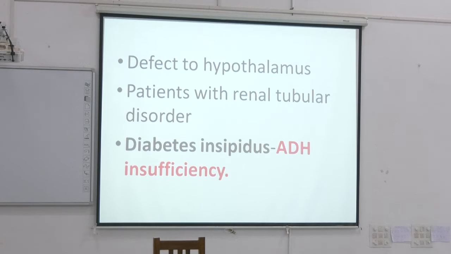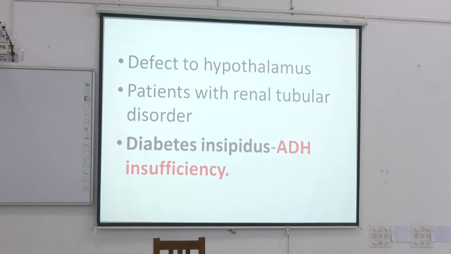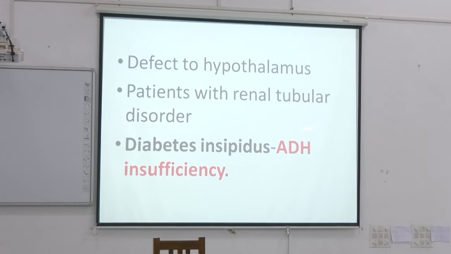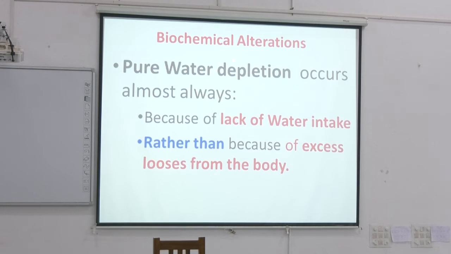Now, other causes: defect in the hypothalamus, where the person does not feel thirsty, patients with renal tubular disorder, diabetes insipidus, and ADH insufficiency. Biochemical alteration: pure water depletion occurs almost always because of lack of water intake or excessive losses from the body.